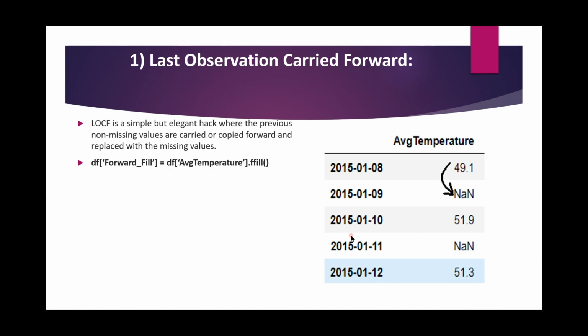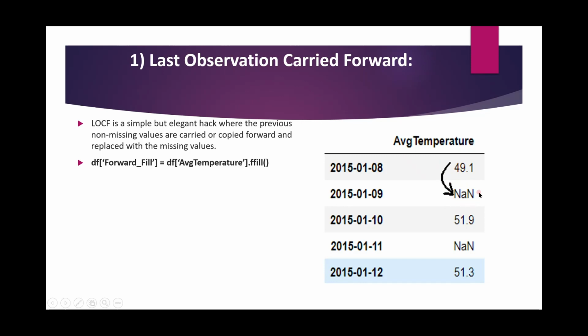This is my first method, last observation carried forward. In this method, imputation is made on the basis of the previous value in the data. It means, you can see the table. If I want to impute values for 9th January, I need to use 8th January's data values.